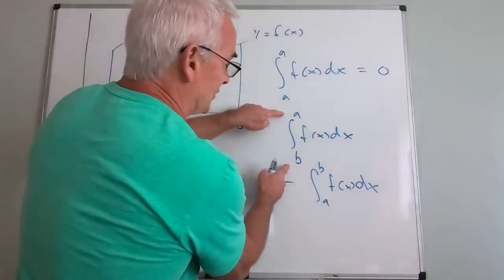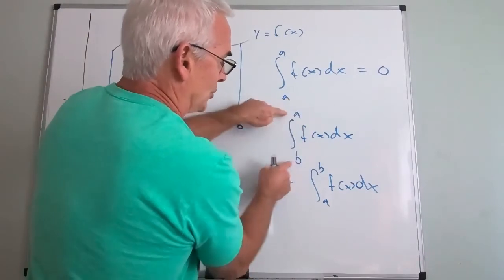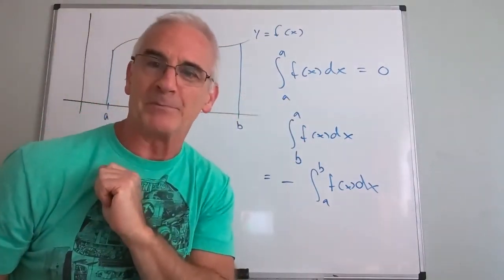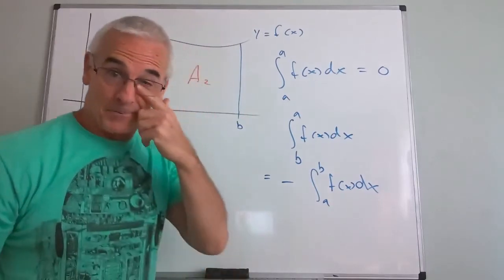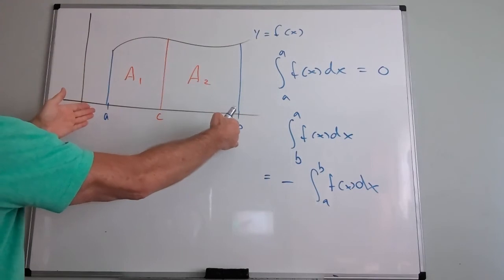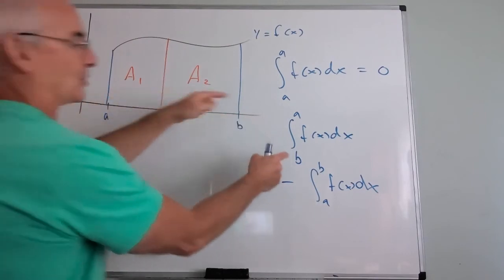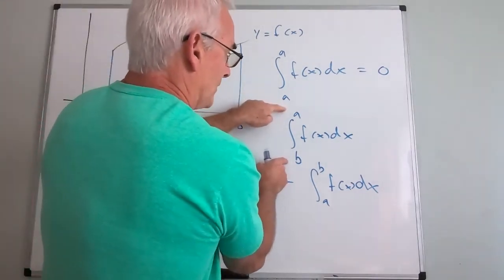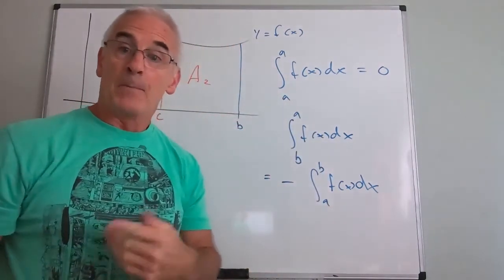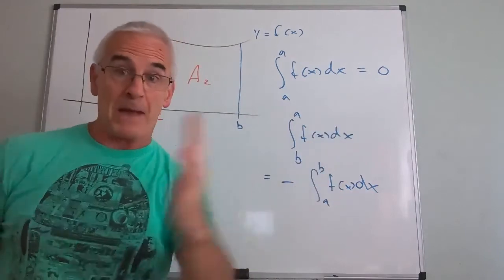If I reverse the order of these, they are called the limits of integration, by the way. A terrible use of the word limits because you're not taking a limit. But the outer limits of my region, the extremities of my region, those are called the limits of integration. I reverse the order of the limits. That will change the sign of the integral because it's as if I'm moving backwards.